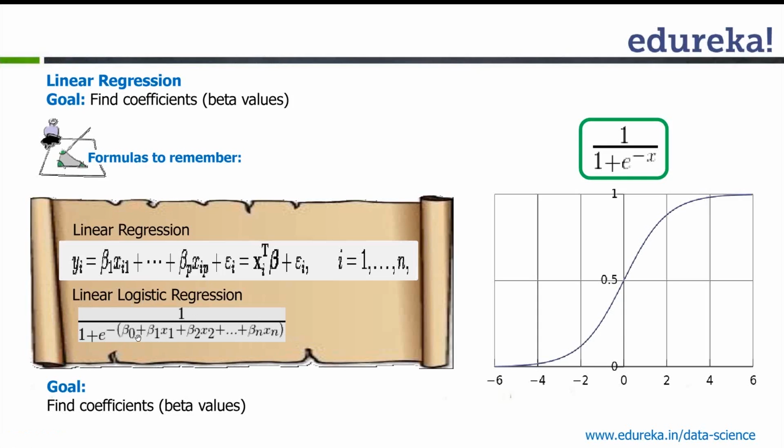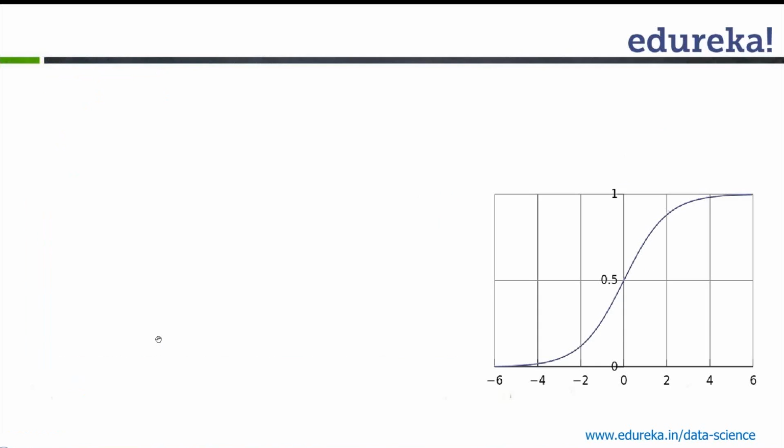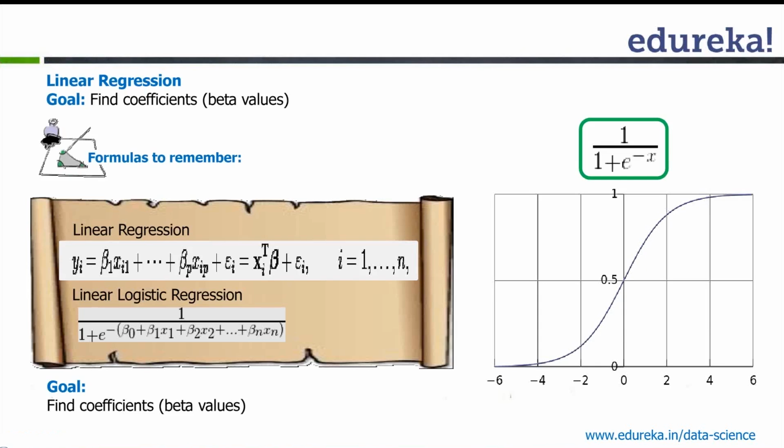Okay, and then I can model this way, run my logistic regression and compute individual betas. Okay, which gives you a probability value, which is again a continuous attribute, and that's why it's called regression. But you can use that logistic regression to do classification as well, since it's a probability value.